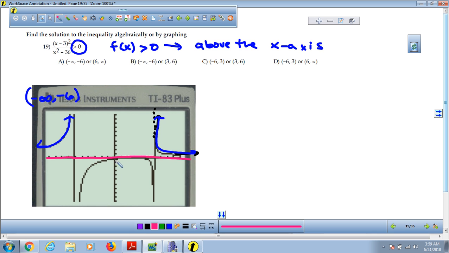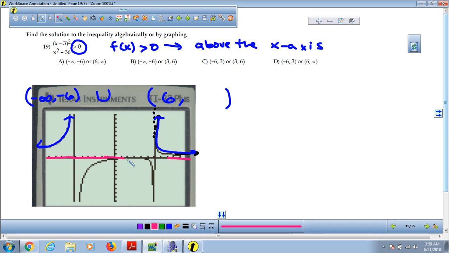Okay, and so union, and then you have this other piece that starts at 6. I was trying to see the answer choices so that I wouldn't erase, but 1, 2, 3, 4, 5, 6. Yes.